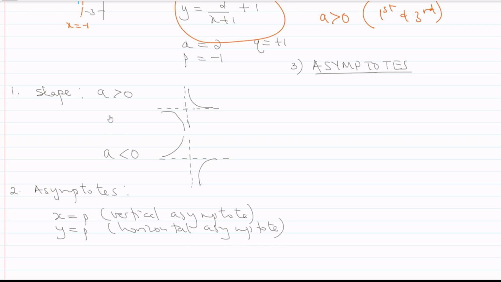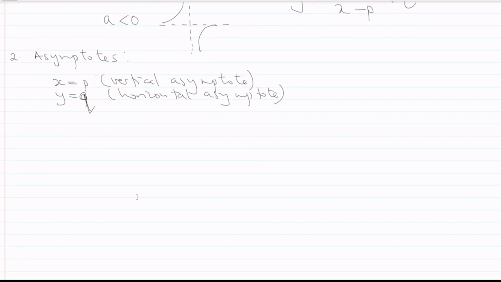Where are we getting our a, p, and q? We get them from the equation y is equal to a over x minus p plus q.